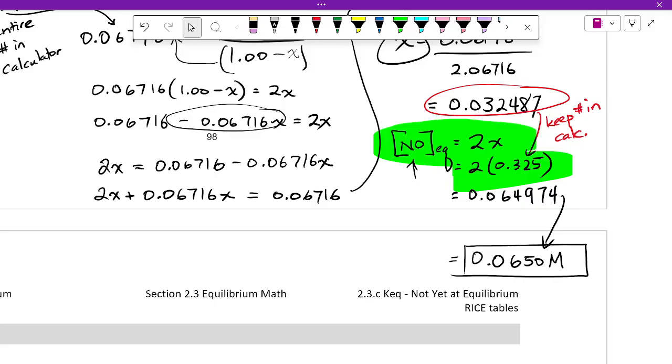There's our key. Okay. That number is 3.